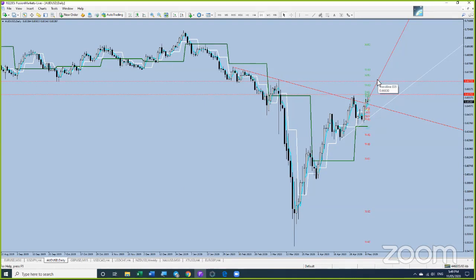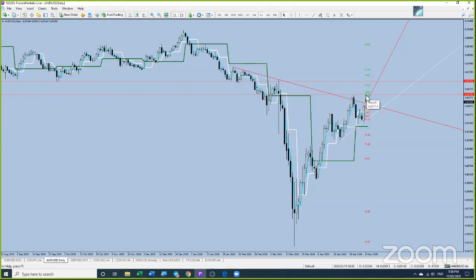But I think the US dollar this week has a strong case for a bullish bias. And I'm getting that from the dollar index. I think the dollar index is looking very much like it wants to rally. And if that's the case, then I think Aussie will be one of the victims of that.